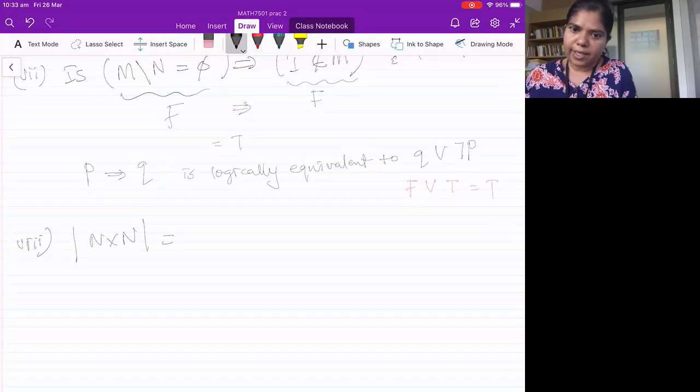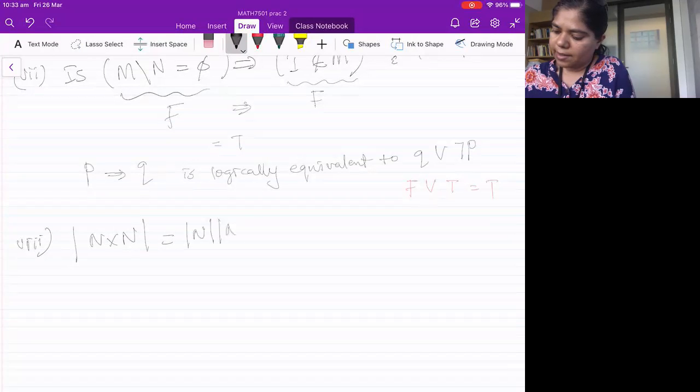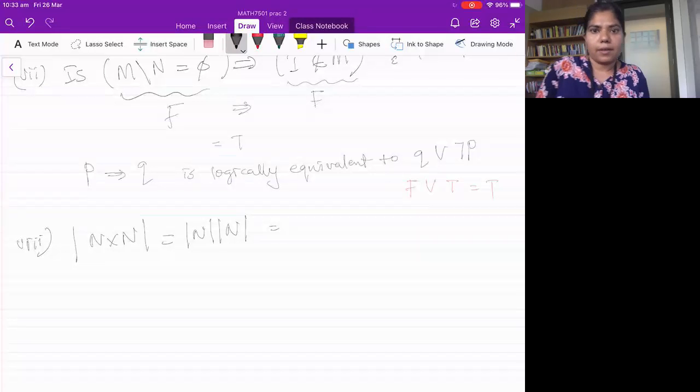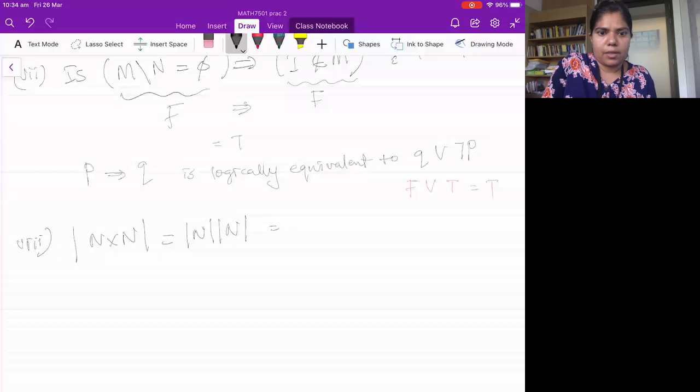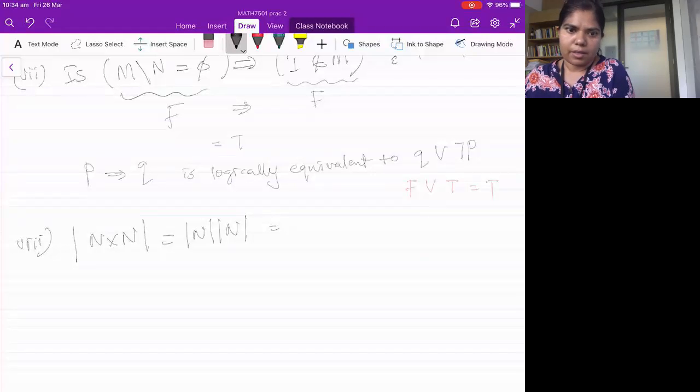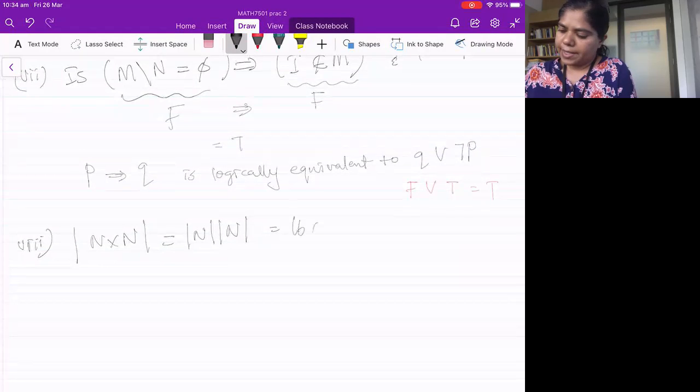This is the set of ordered pairs from N to N. That would be the number of elements of N, which is equal to what? 16 times 16.